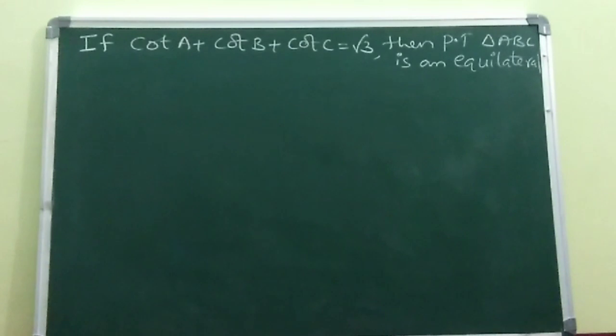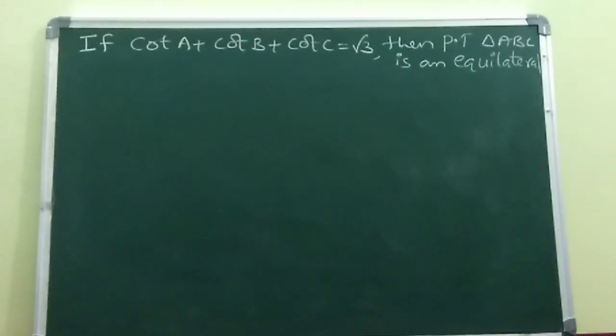So look at the problem. Very important question. If cot A plus cot B plus cot C is equal to root 3, and let ABC be a triangle, then prove that triangle ABC is an equilateral triangle.